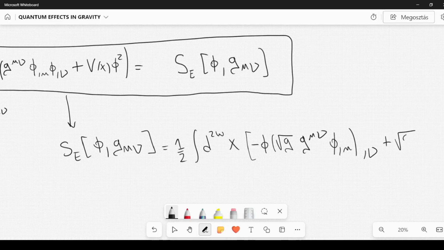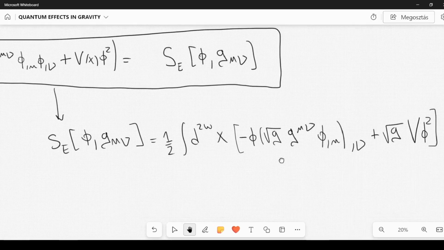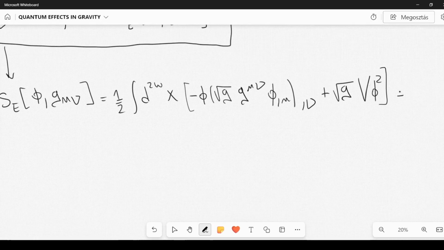Plus, then we have the square root of g, the potential times φ squared, and we can rewrite this more concisely by defining the following operator.